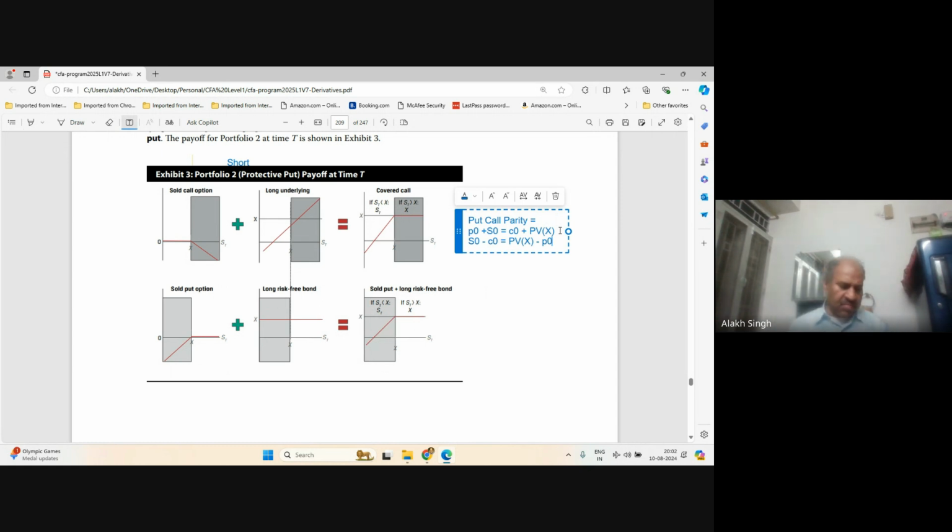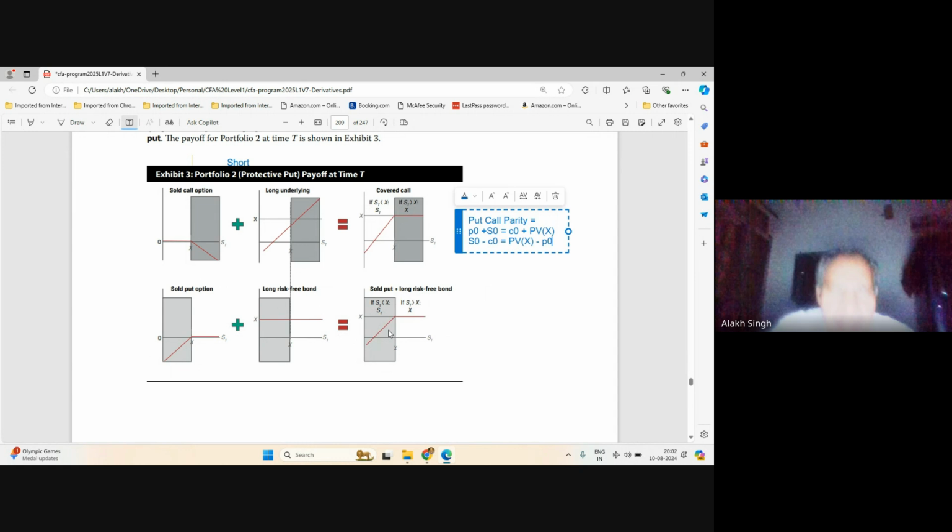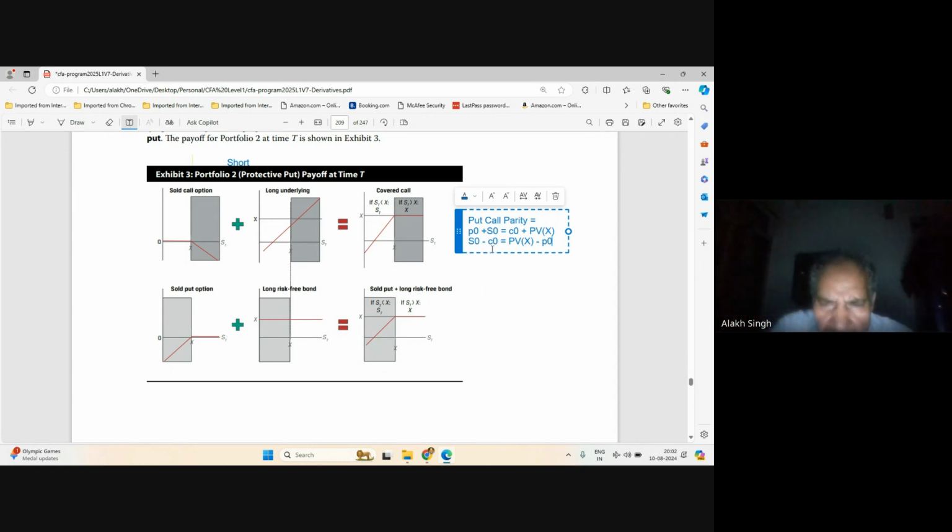There is nothing great. You both are engineers, so you know this equation very well. It is child's play for you, and it shows the return. Both are giving the same final return. This one is called covered call, and this has no name; it is called buy risk-free bond and sell the put. So if you have this covered call, you can easily write its equivalent in the put market.